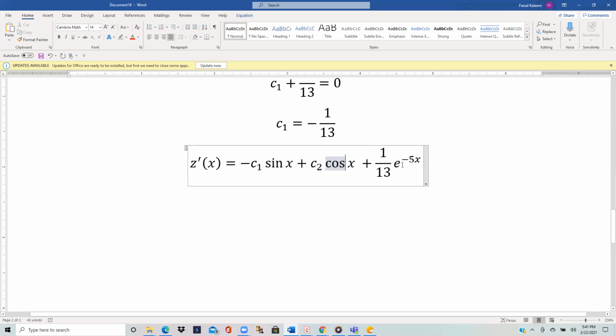And the derivative of e to the negative 5x is negative 5 e to the negative 5x, so you pick up a negative 5 here, making this negative 5 over 13.